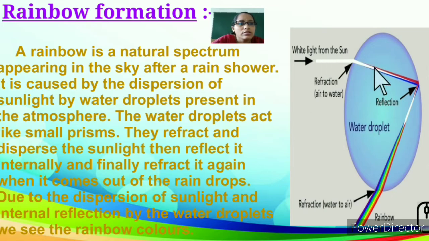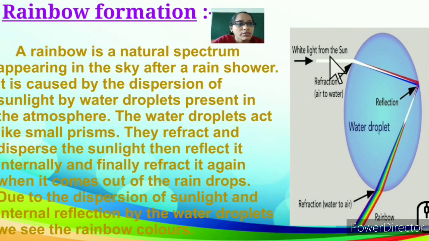So this is white light from the sun entering into the droplet of water, which is refraction, that is from one medium to another medium, a droplet of water. This is a water droplet. So this acts as a prism. It's a natural prism.